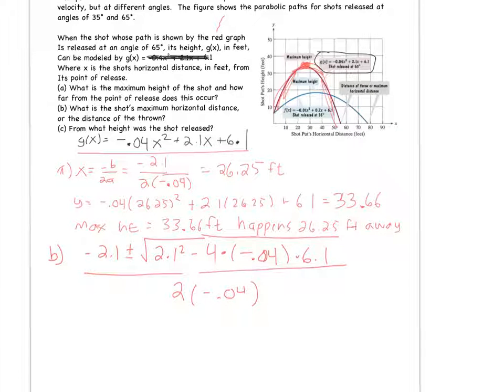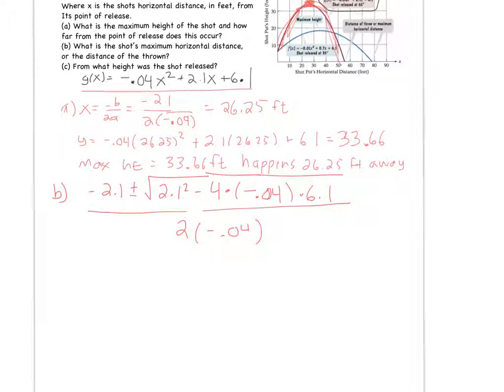So when you're crunching out a messier, longer quadratic formula like this, my advice would be to start by getting one number into the square root. So I would leave this front as negative 2.1 plus or minus, and I'm going to get one number under there.